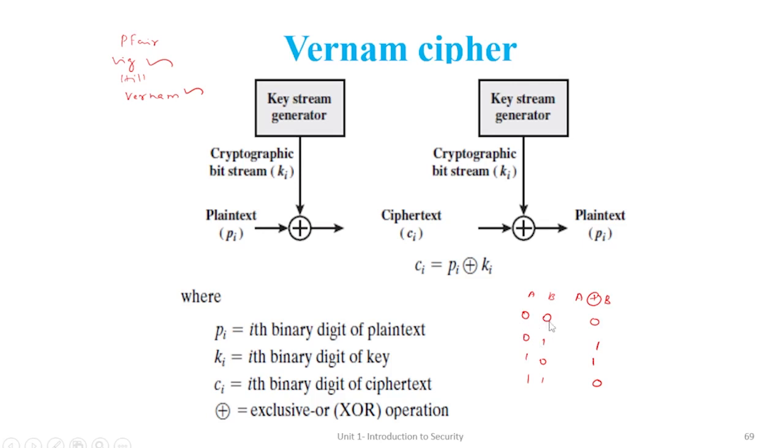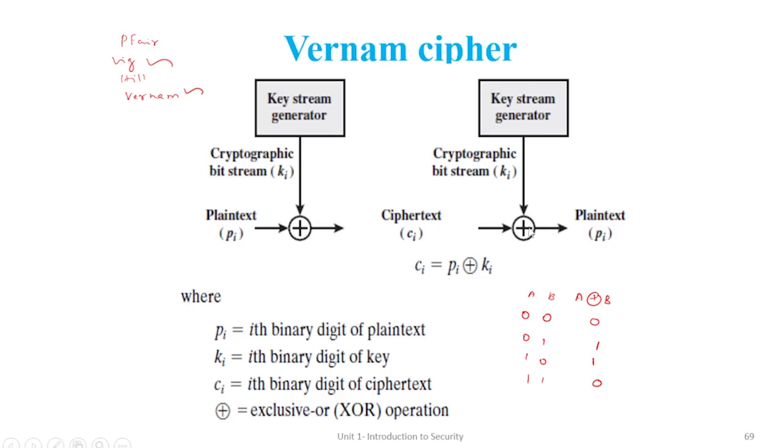So for 0 0, the exclusive OR operation gives 0. For 1 1, the answer is also 0. For the other combinations, it is 1. This is the exclusive OR operation. In this way, we take each bit of the plaintext and exclusive OR it with the keyword, and then we get the corresponding ciphertext value.